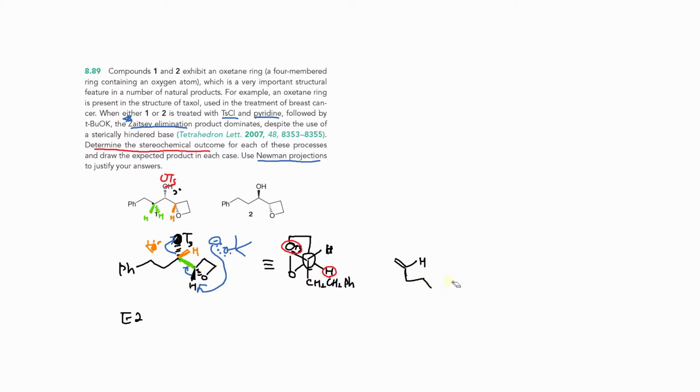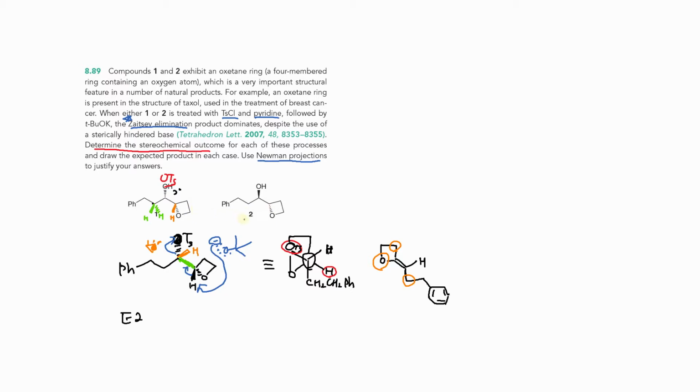For this specific case, I'm just going to draw the phenyl group. And on the left vinylic side, I have to have the oxetane ring. Okay, so as you see, we have Zaitsev because we have one substituent, two substituents, three substituents. Okay, so that answers part 1.